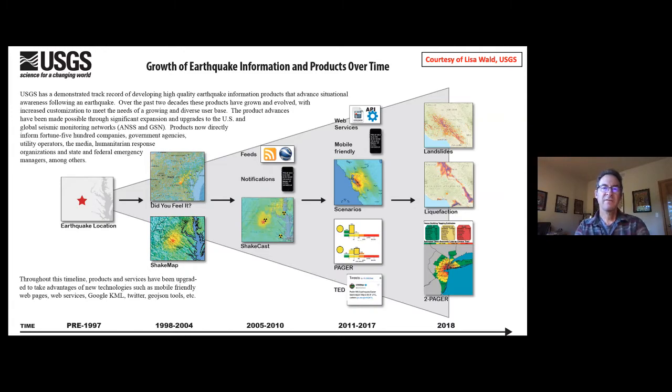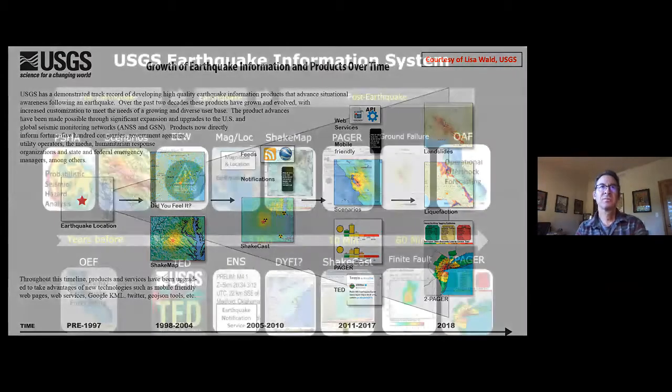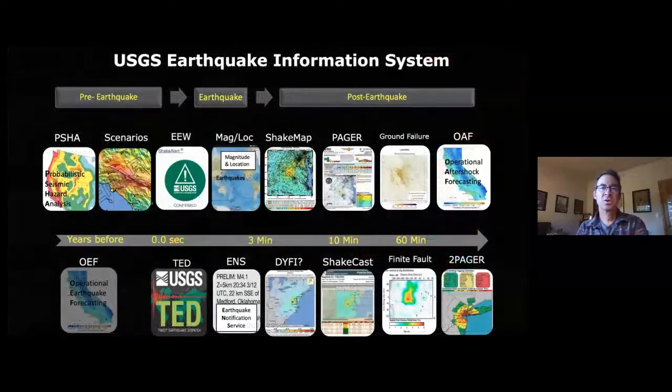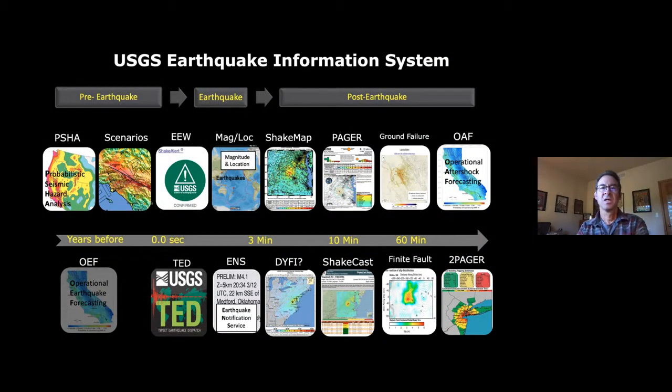And now what we have is what I like to refer to as the USGS Earthquake Information System. The way I think about it is, what tools do we have in the pre-earthquake planning environment? Which earthquake tools do we have at the time of the earthquake, and then post-earthquake information for response and recovery? So this is a suite of tools, and I won't be going through all of these tools, but I'll be focusing on several of them.